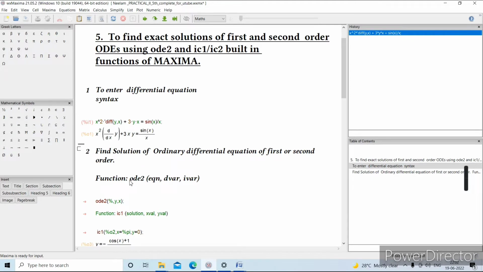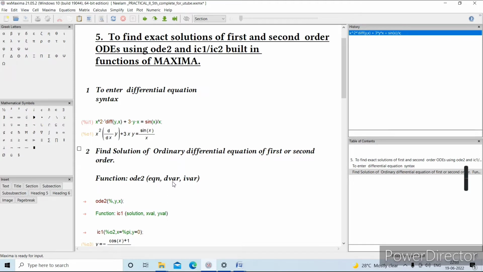ODE2, this function is available in the MAXIMA software, and it will solve a differential equation of order first and order second. Syntax for this is you will write ODE2. In first position you will write the differential equation which you want to solve.